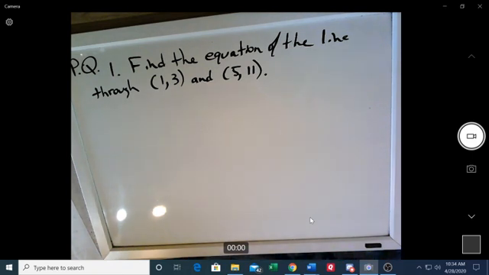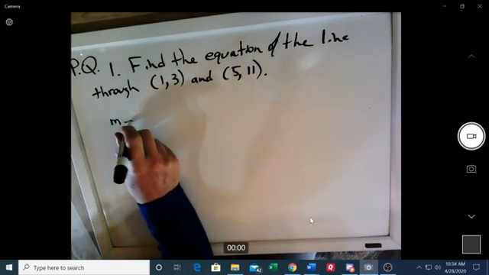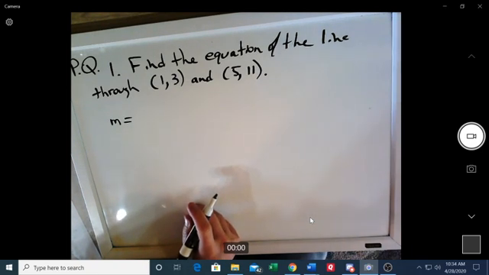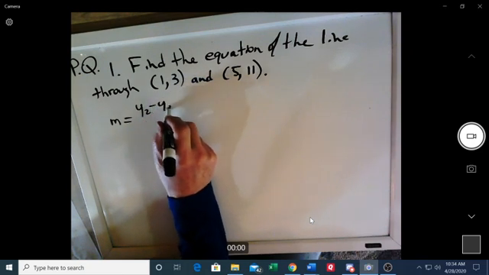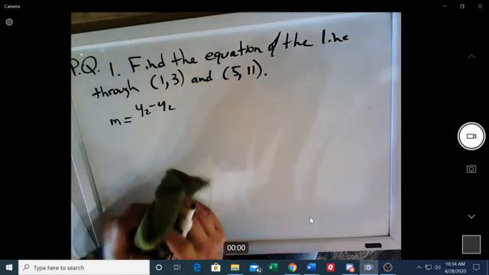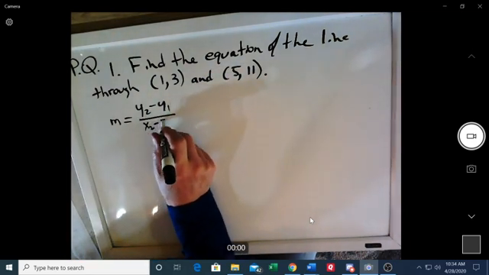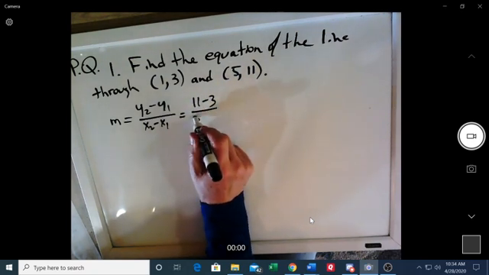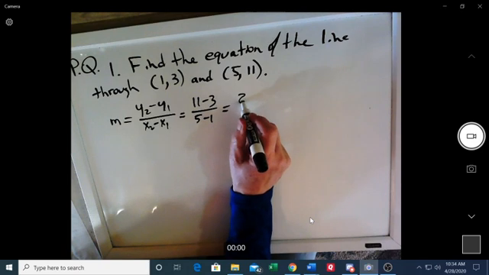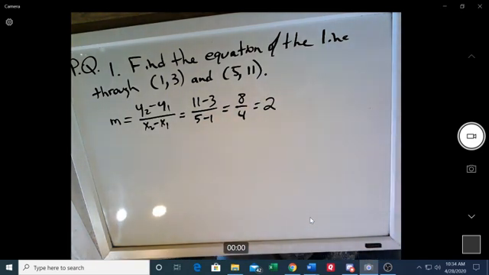Alright, so I've got a question here. How many of you realized that one of the first steps is to find the slope? And you take the difference in the y, it's the real formula, y2 minus y1 over x2 minus x1, the difference in the y's over the difference in the x's, coming up with 2.